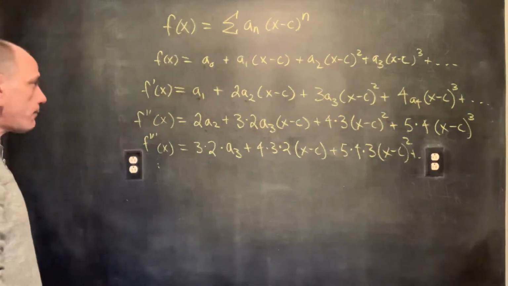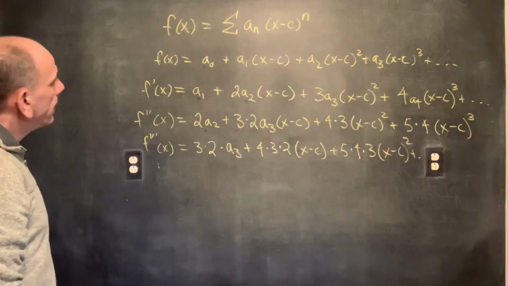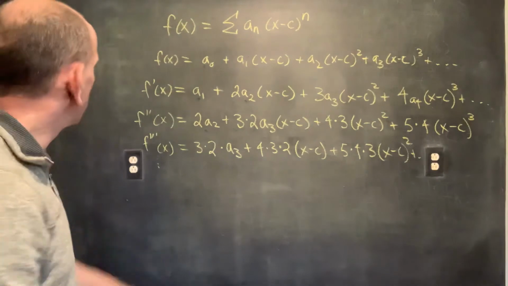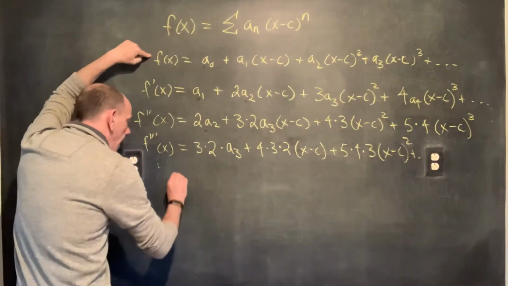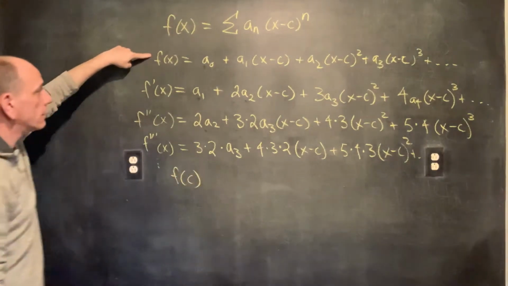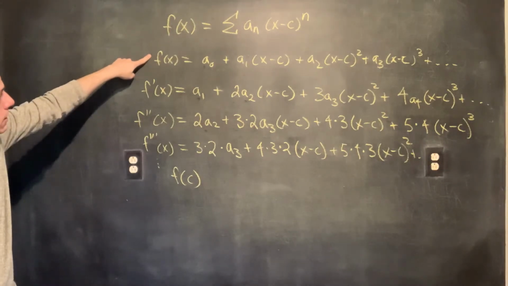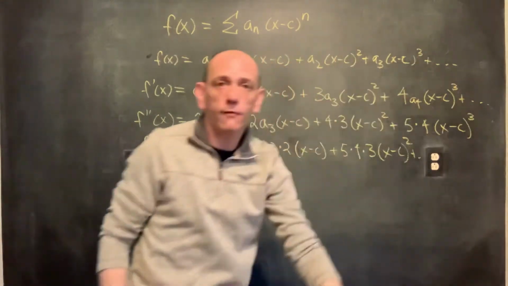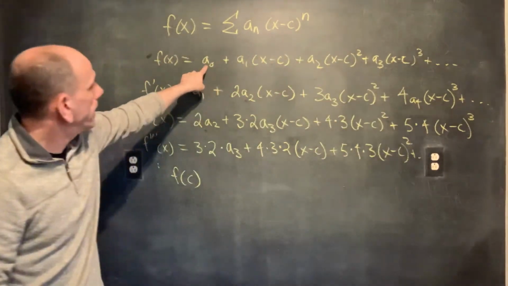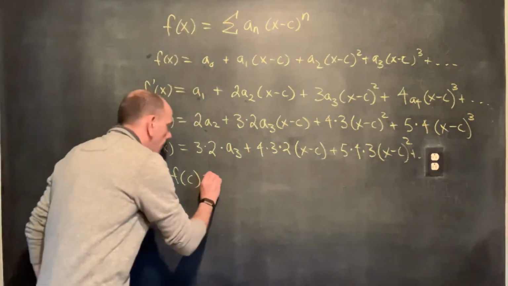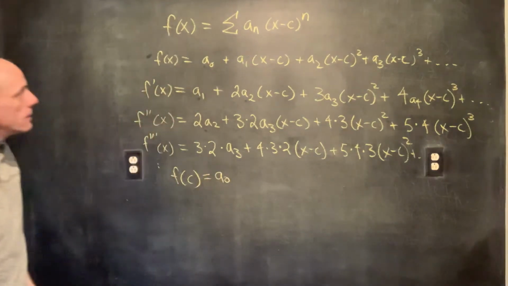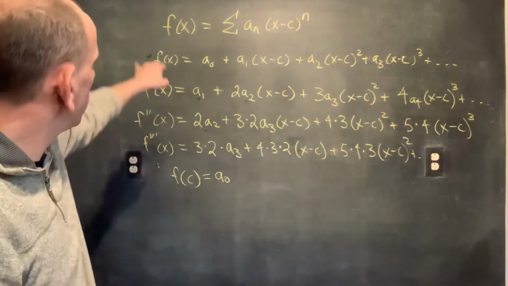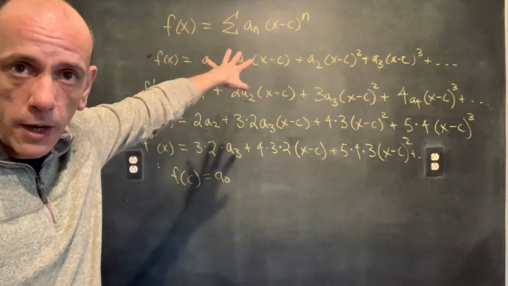Okay. Now, what happens if I evaluate at the center? So here, I'm going to look at f evaluated at the center. And I'm going to go, okay, well, that zeroes out, that zeroes out, that zeroes out. Everything forever zeroes out, and I get a sub 0. My assumption was that the function was represented by this power series.